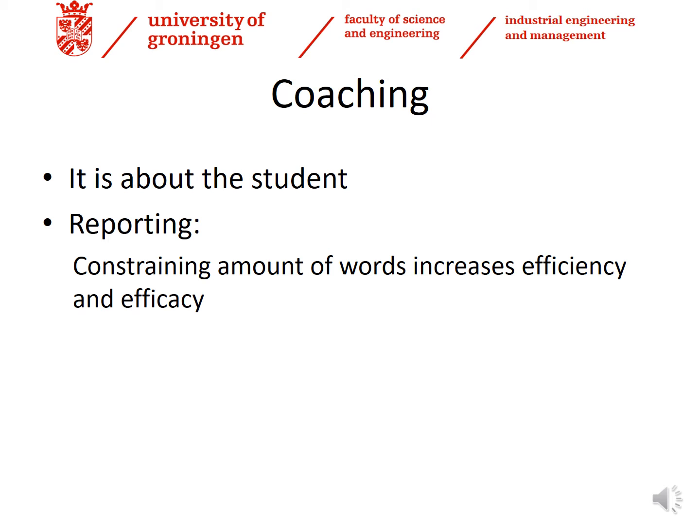Now we have, of course, to think about the amount of words that you should include in your deliverables. There are some numbers already in the guide: 1,000 words for the proposal, 1,500 words for the initial problem description, and so on. Now, the idea here is to increase quality instead of quantity.